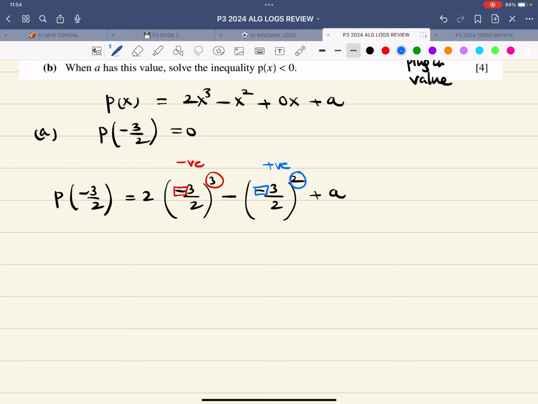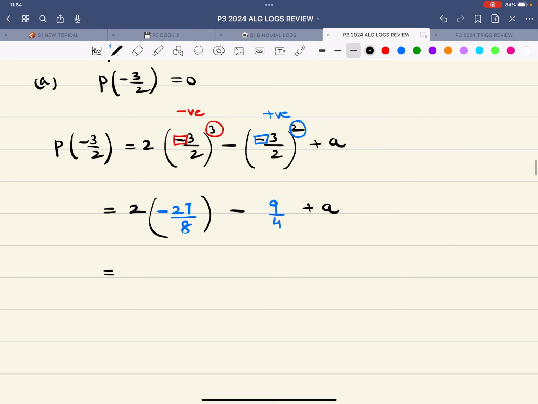So therefore, this is 9 over 4. And this one over here, that is 27 over 8. And over here, don't forget the negative sign, which let me put in blue color. There is a negative sign, there is an a, there is an equal.